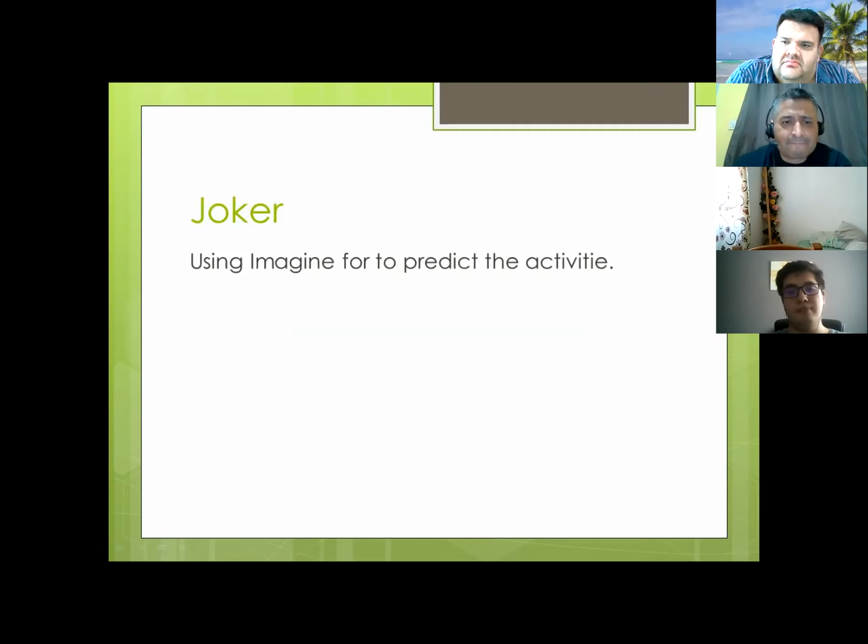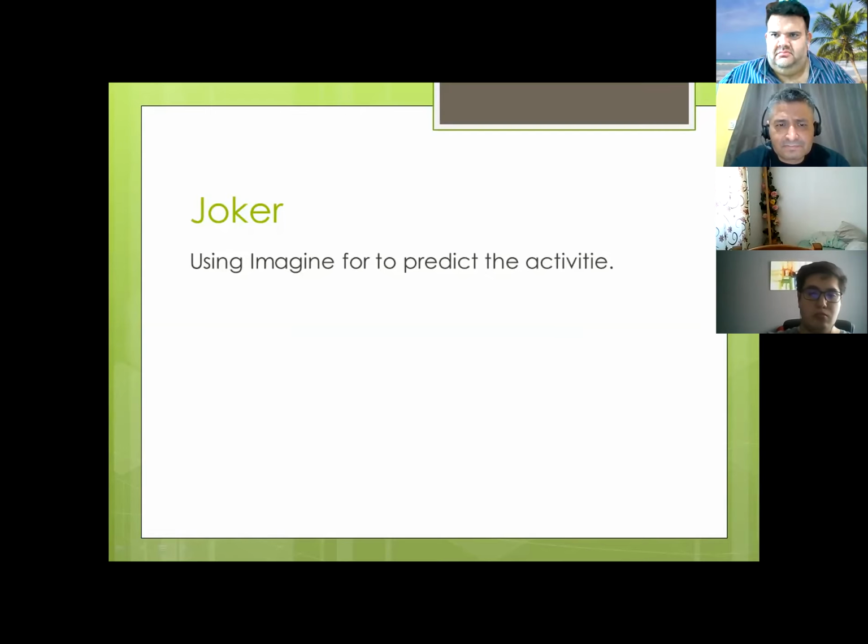And Joker, we understand that that is an activity that we use with the students. In this case, we can use an image or a picture with some elements, and then the students have to predict the activities.